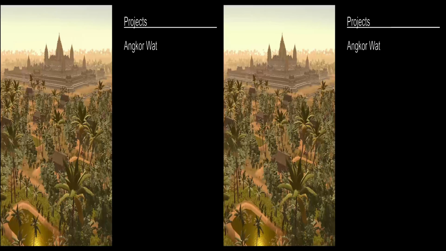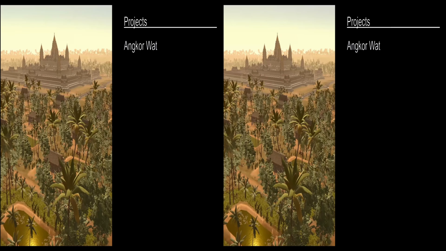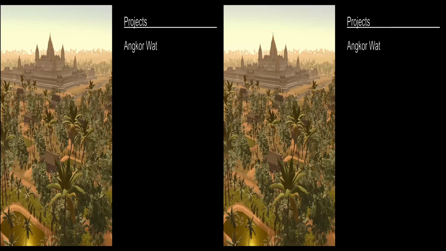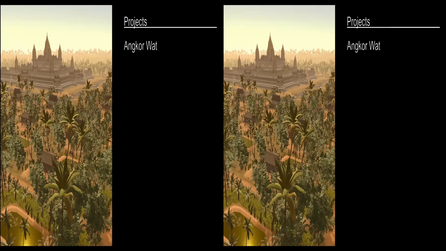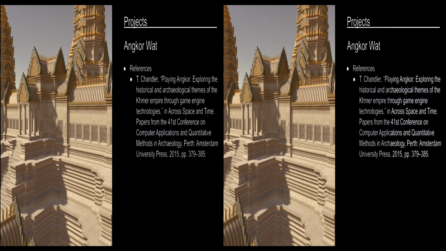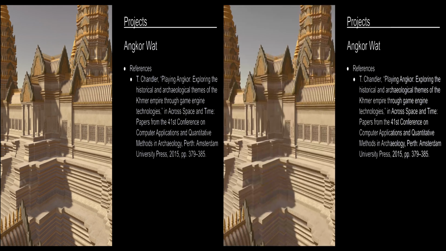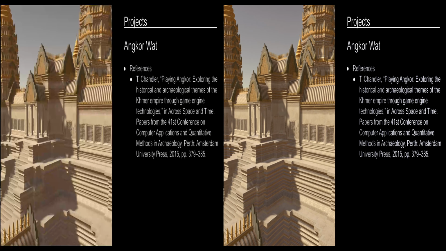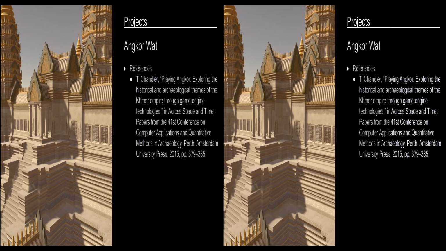And here you see again the previously mentioned grid-based pattern, which is located around the temple complex of Angkor Wat. Tom Chandler is leading this project. It's already a project which has been running for something like 10 years, and it's very impressive.